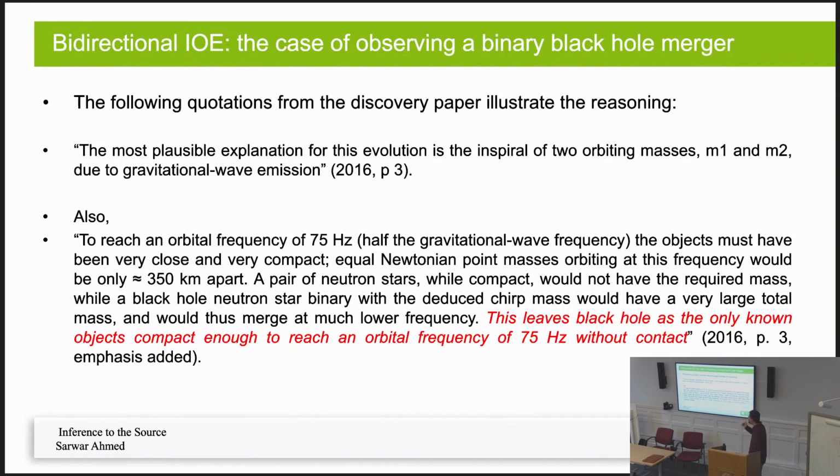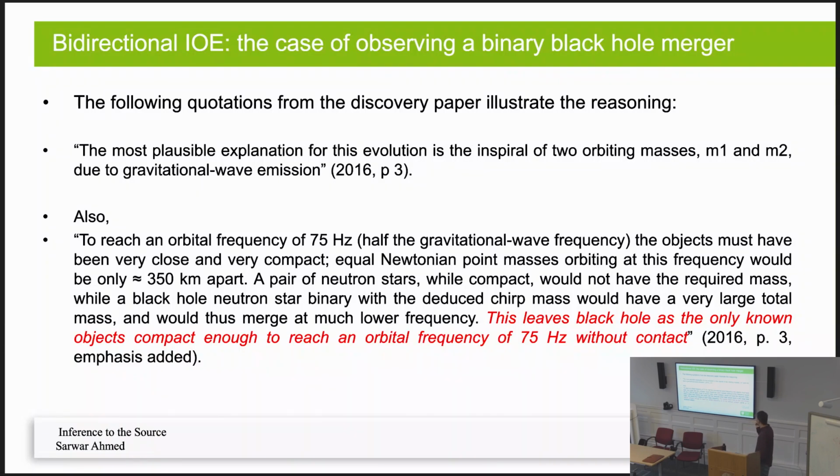And then they go on and say, to reach an orbital frequency of 75 Hertz, half of the gravitational wave frequency, the objects must have been very close and very compact. Equal Newtonian point masses orbiting at this frequency would be only approximately 350 kilometers apart. A pair of neutron stars, while compact, would not have the required mass, while a black hole neutron star binary with the deduced masses would have a very large total mass and would merge at a much lower frequency.